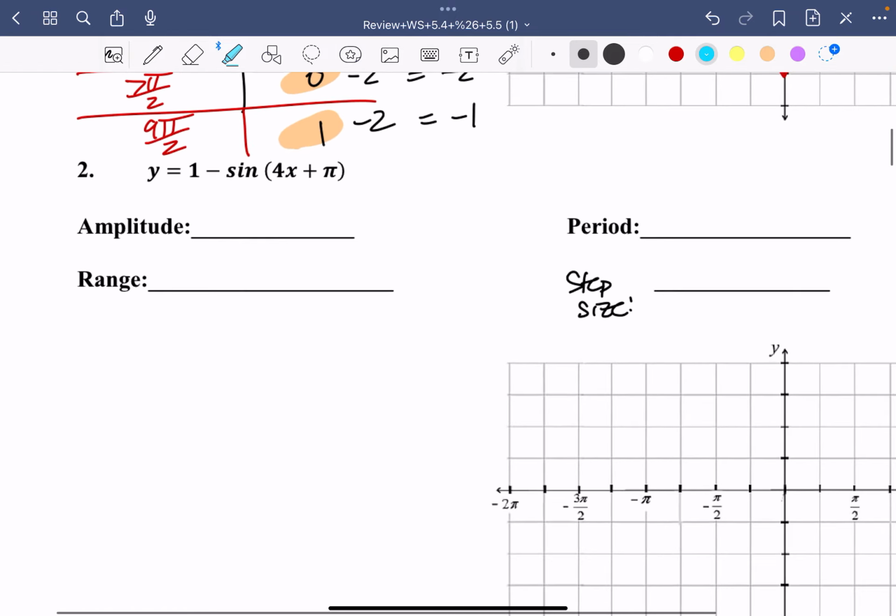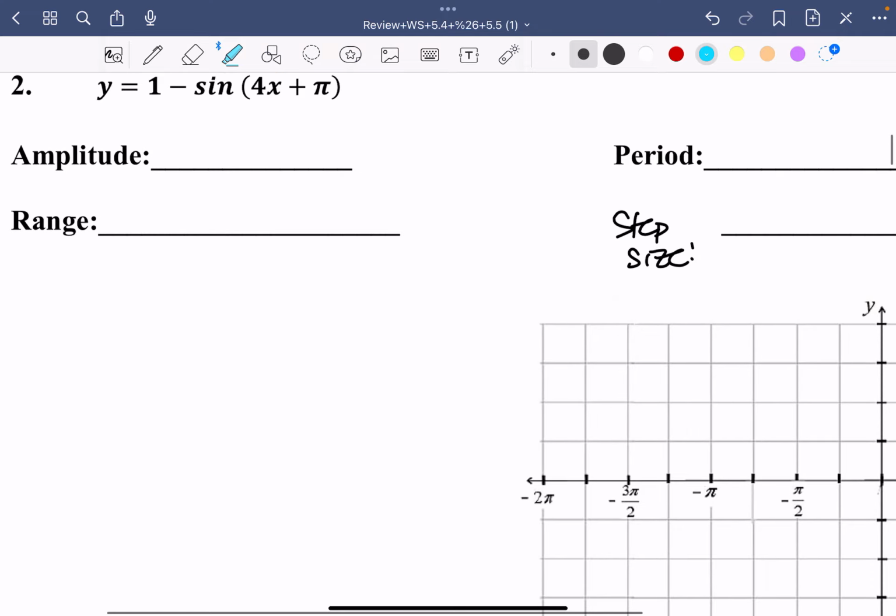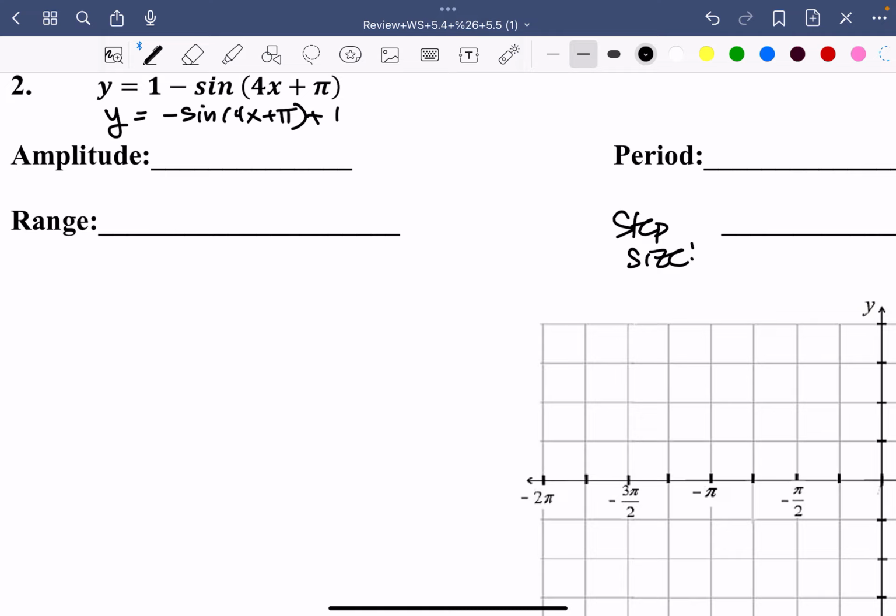Let's do another one. So when we look at this, we don't like the form, so we rewrite it as negative sine of 4x plus pi plus 1, right? But then we remember that we need to factor out b first. Factor out that letter b first.